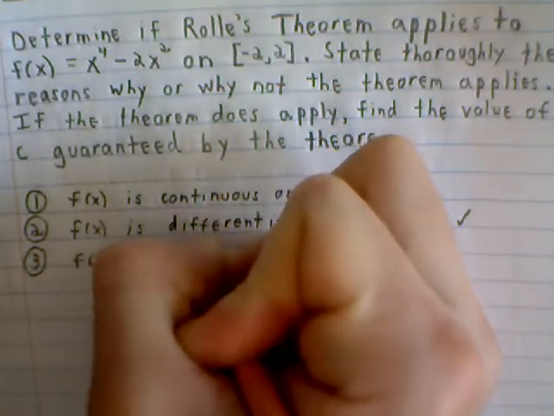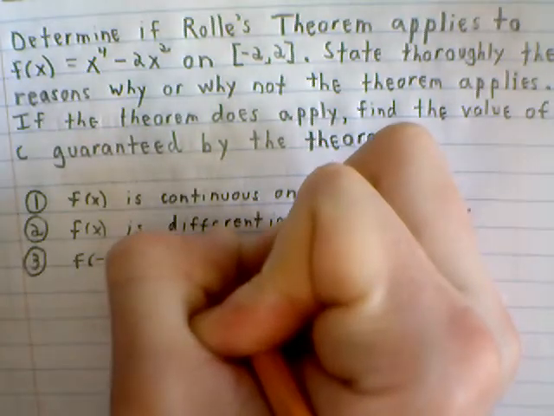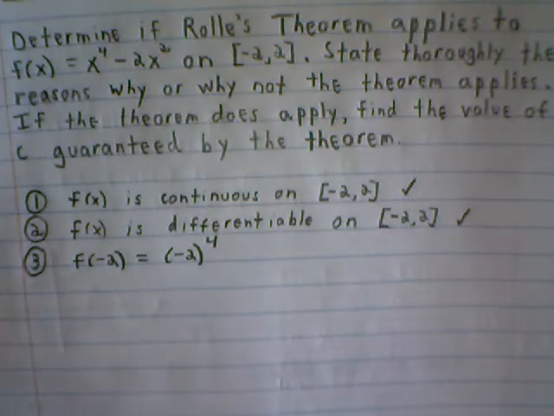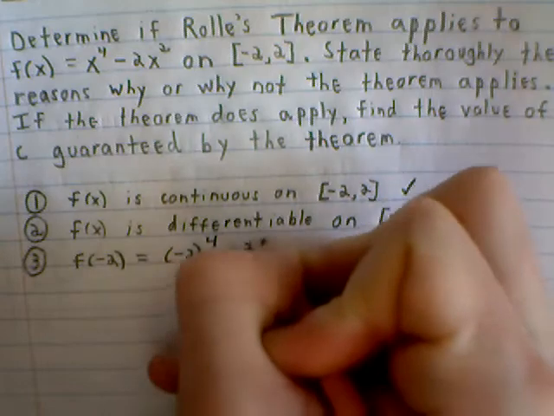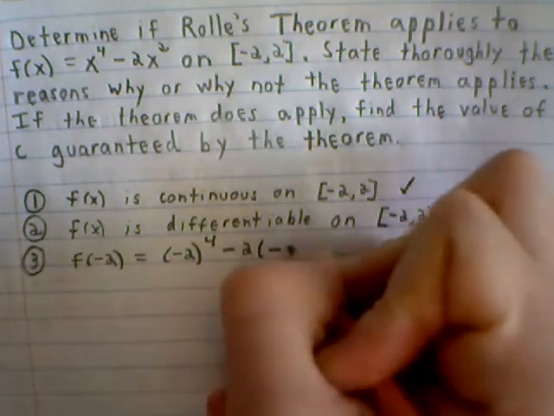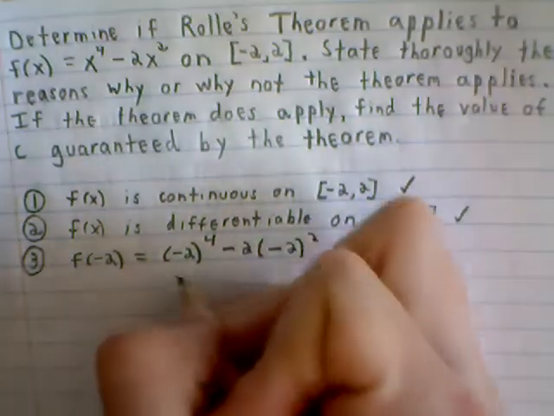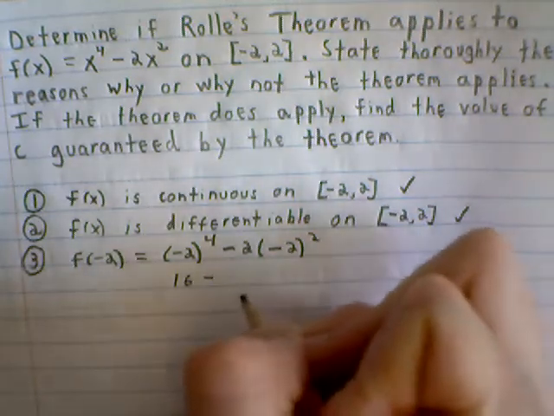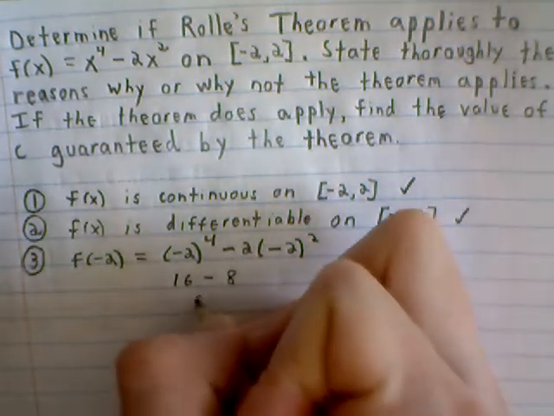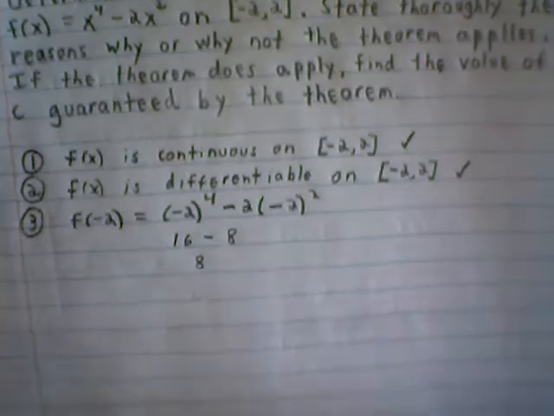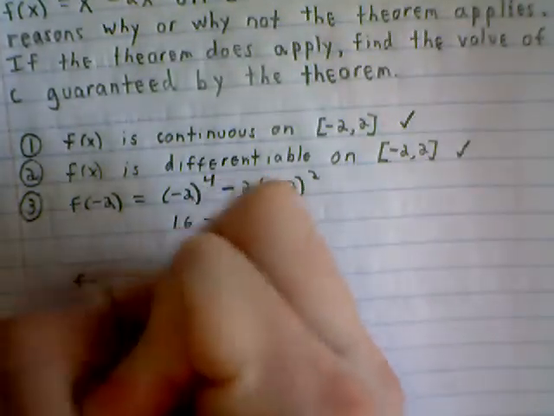That gives me (-2) to the 4th minus 2 times (-2) squared. I get positive 16 minus 8, which is 8. Let's check the y value of the other endpoint.